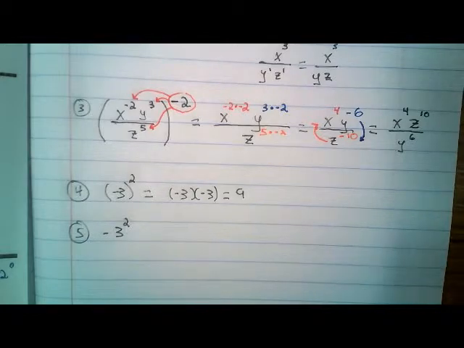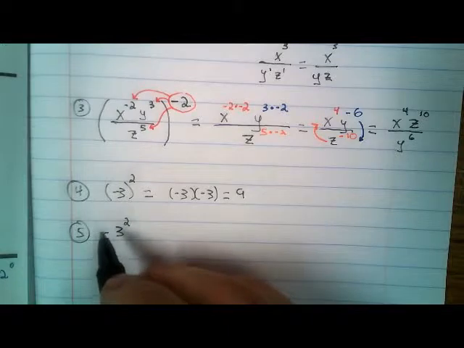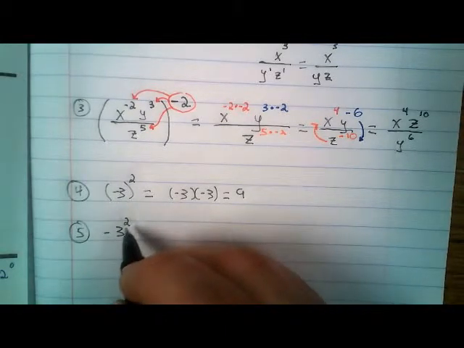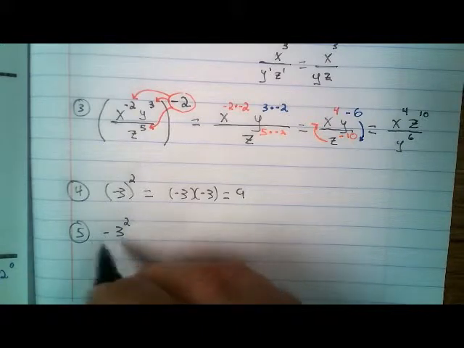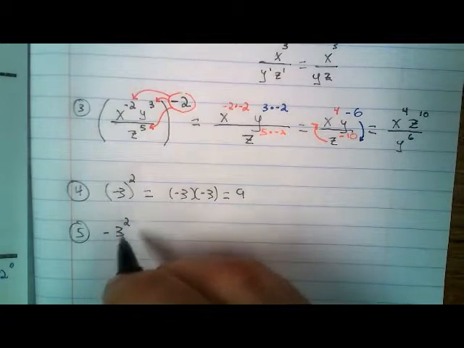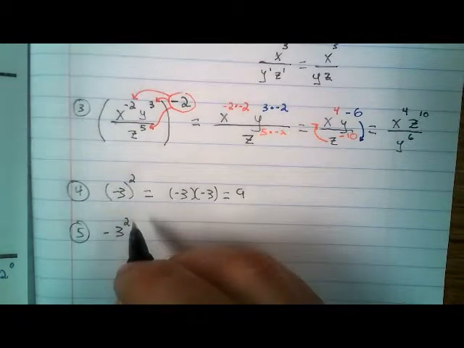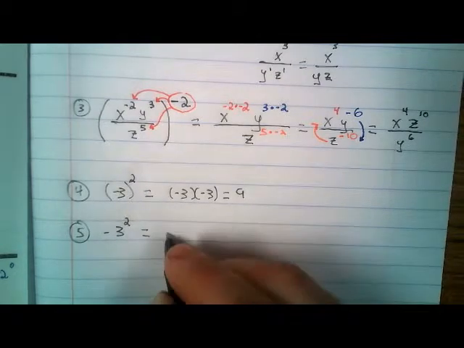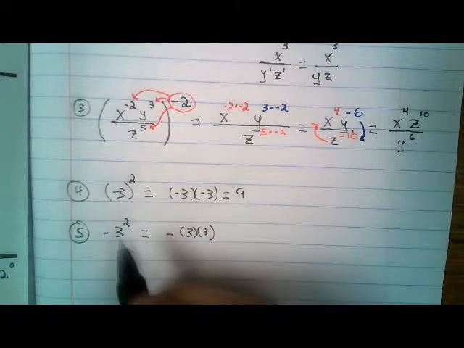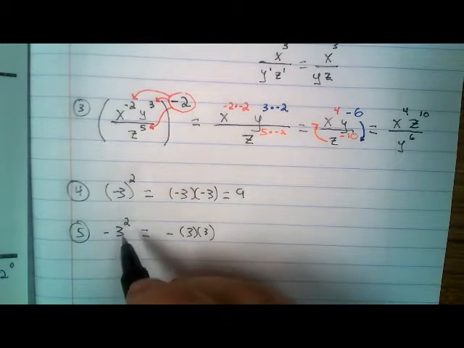Now, that's a huge difference between this problem here. This is negative 3 squared. This exponent is only on the 3. It is not on this negative. So even though the negative describes what's happening here, right, it's negative 3 squared, this is actually negative 3 times 3. Because this exponent of 2 is only being applied to the 3.